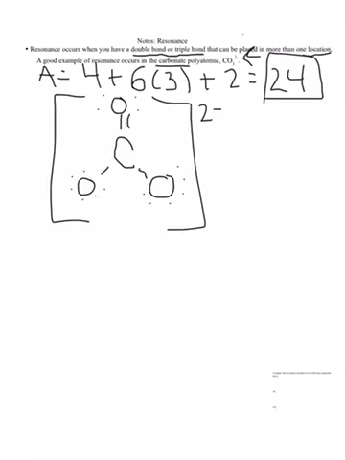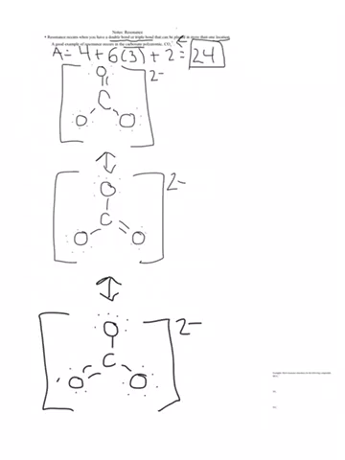So you need to show the 3 resonance structures by drawing where all the double bonds can be placed. So here are the 3 resonance structures for the carbonate ion. They show that the double bond can be placed between any of those 3 oxygens and carbon. So that is how you draw that resonance structure.